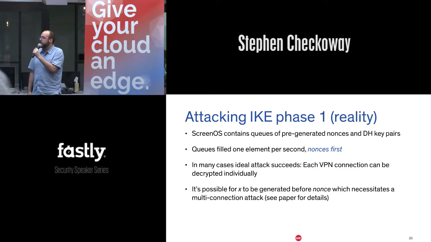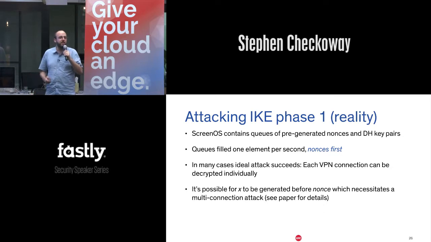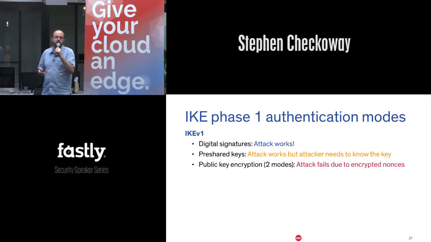And it turns out that the nonces are always filled first. So what this means is that the ideal attack usually works. There are ways to exhaust the queues or make it such that the nonces are generated after the private key. And in that case, you actually need to perform a multi-connection attack. You can see the paper for some details on that.